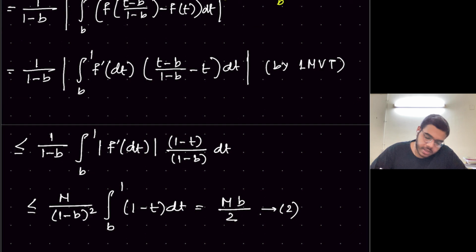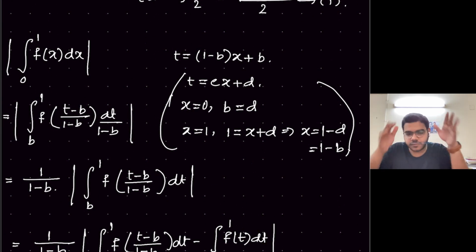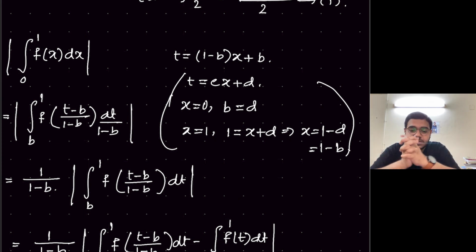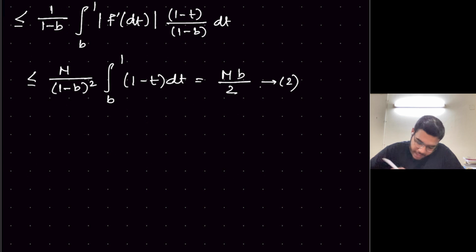Okay, fine. Now from 1 we have that mod of integral over 0 to 1 f(x) dx is less than or equal to m times (1 minus a) by 2. And from 2 we get that mod of integral over 0 to 1 f(x) dx is less than or equal to m(1 minus b) by 2. Now we'll add these two.